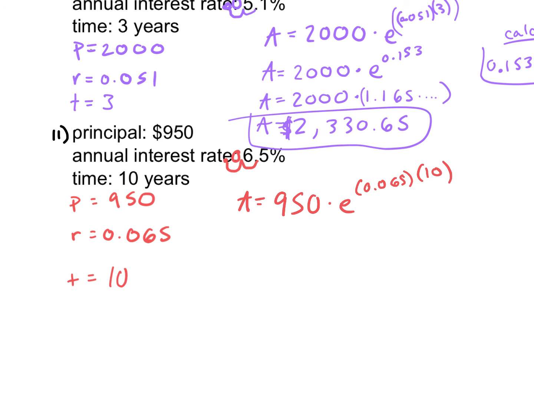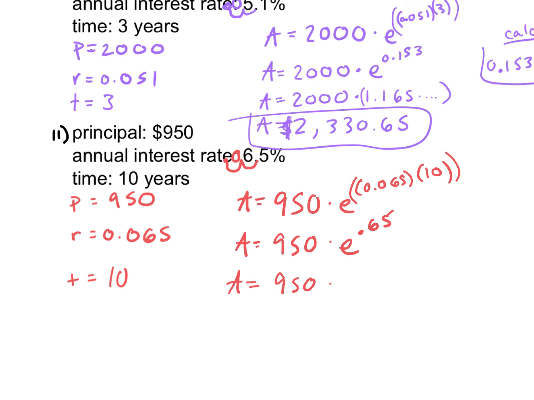What do we do first? Parentheses. So we want to do up top here. Multiply these two. So we get 0.65, because 0.065 times 10 would be 0.65. And then what should we do next?